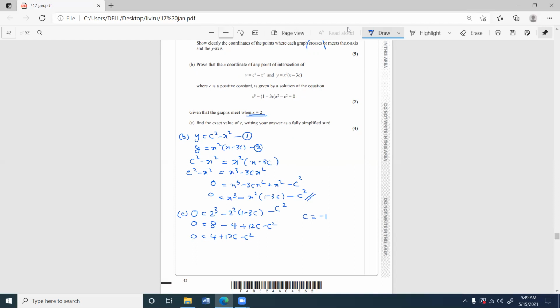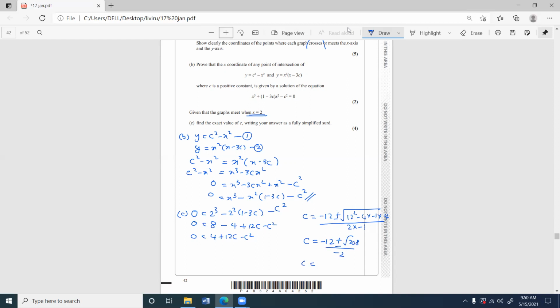c equals minus 12 plus or minus the square root of 12 squared minus 4ac, where a is minus 1 and c is 4, divided by 2a, 2 times minus 1. Therefore, c is equal to minus 12 plus or minus the square root of 144 plus 64, which is 208, divided by minus 2.